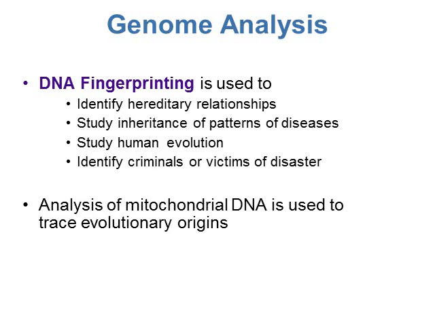They can also use it to identify victims of different disasters, like 9/11. I believe they're still analyzing DNA pieces from that, but they're using this DNA fingerprinting to identify the victims and to help give closure to the families. We can also analyze the mitochondrial DNA to trace evolutionary relationships of different organisms.